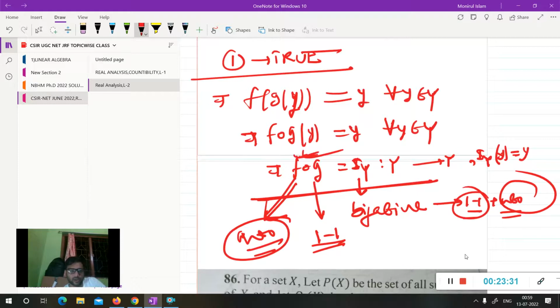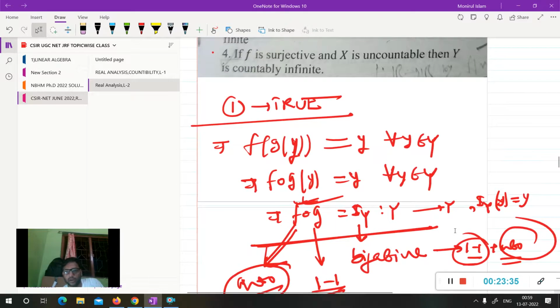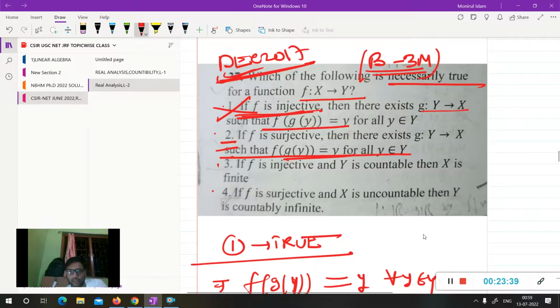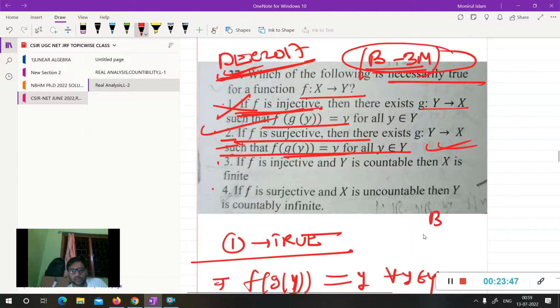You can also prove this; it is quite a similar result, so I'm not going to prove it. So f is onto. Here it is saying f is surjective, meaning f is onto, so it will be correct. So option 2 will be the correct answer. Okay, in this part B, the question type is only one option correct, so you can mark option B, option 2, as correct and go to the next question. But don't worry, we are going to verify 3 and 4 also.